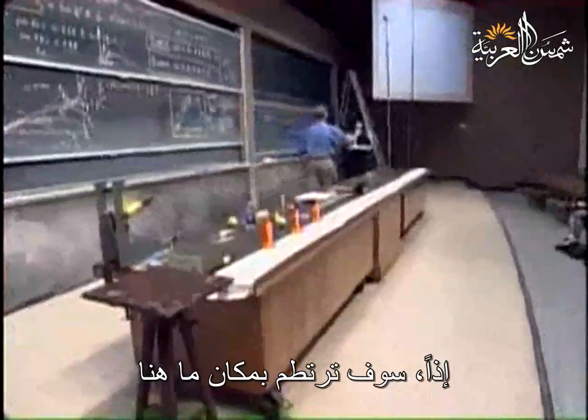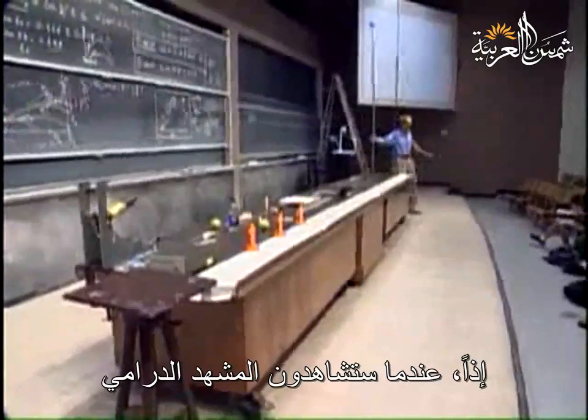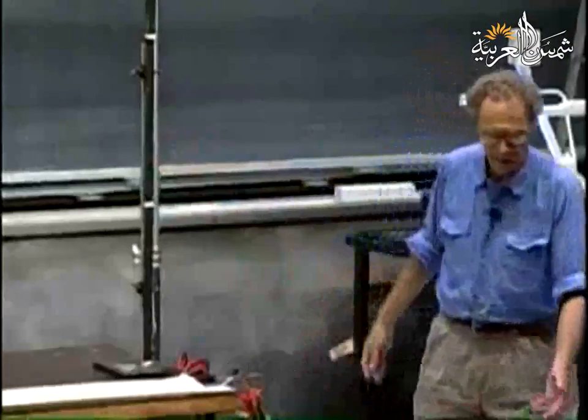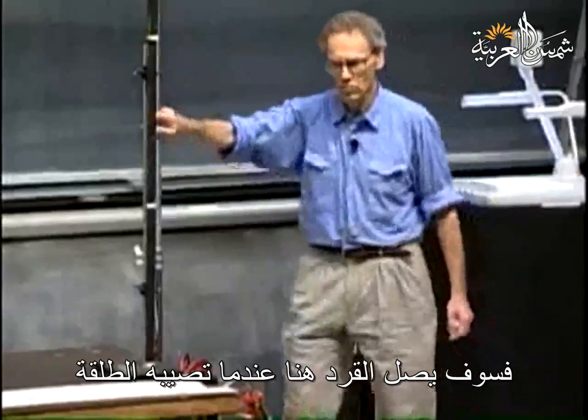So it will hit somewhere here. That's that point P. So when you see the drama in action, this is where the monkey will be when the two hit each other.